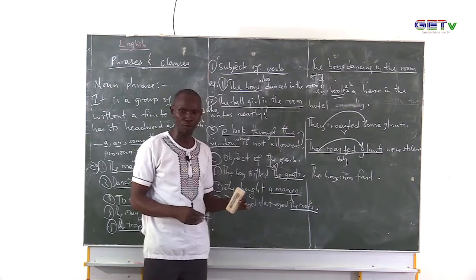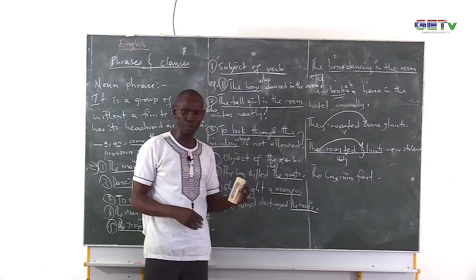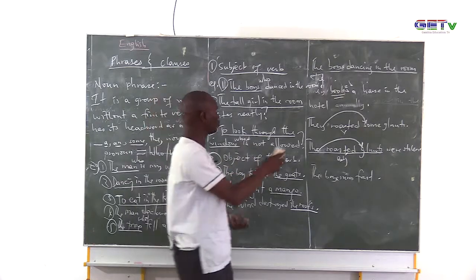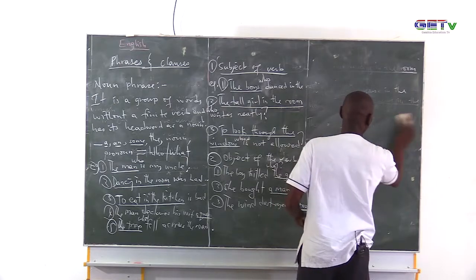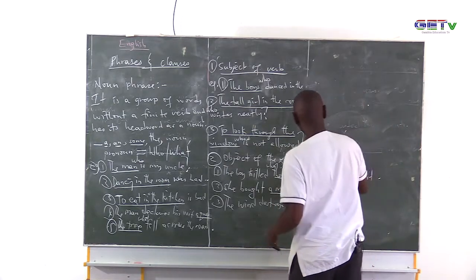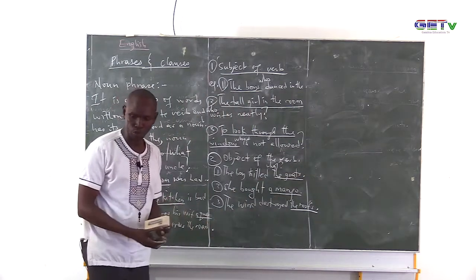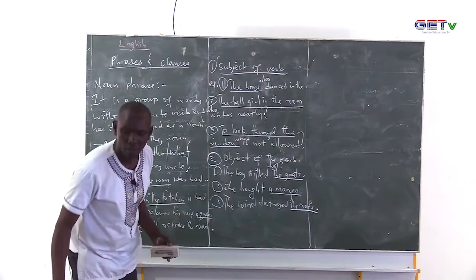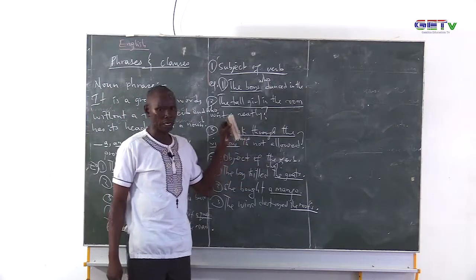Now from there we move on to the third function of noun. That is going to be the third one. So we've talked about subjects of verb and object of verb. Now we are moving on to the third function of noun. So take note, already don't forget we made mention of noun phrase.